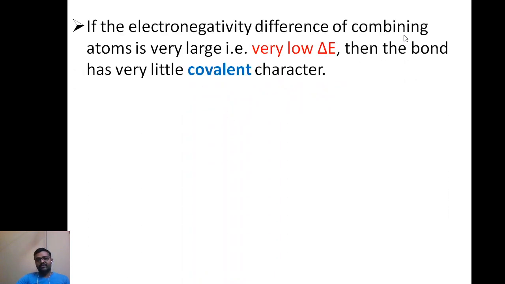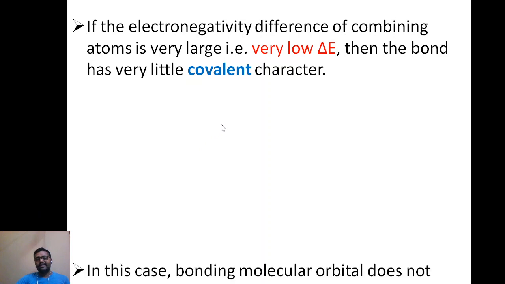If the electronegativity difference of the combining atoms is very large, delta E is very low. As the difference increases, delta E decreases. Then the bond has very little covalent character.